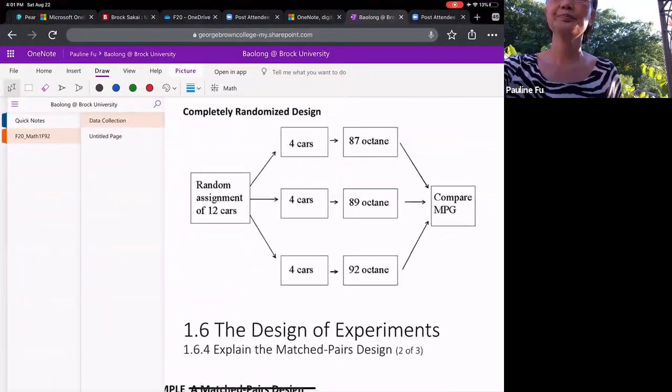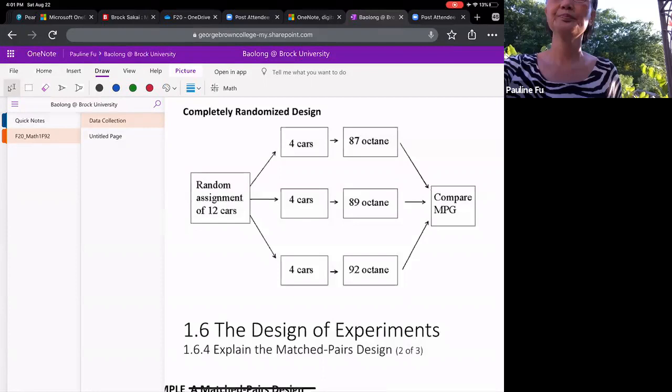So this is a completely randomized design. We select 12 cars, same model, same year. We assign 4 cars to 87 octane, 4 cars to 89 octane, 4 cars to 92 octane.